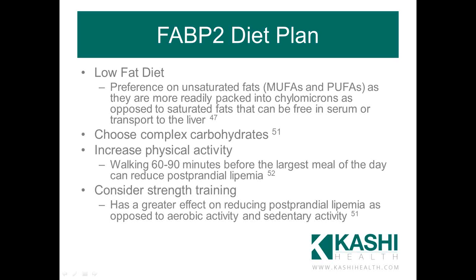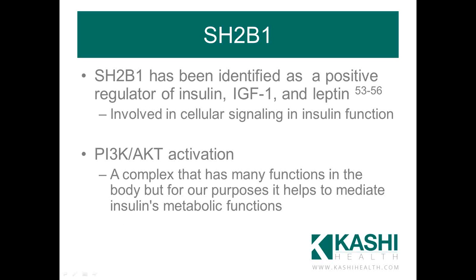Our final marker, SH2B1, is strongly associated with the insulin systems of the body. It's been identified as a positive regulator of insulin, IGF-1, and leptin, and is a docking protein involved in cellular signaling, particularly in insulin function.